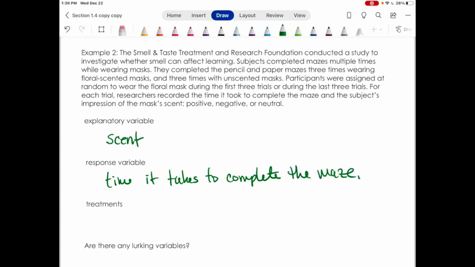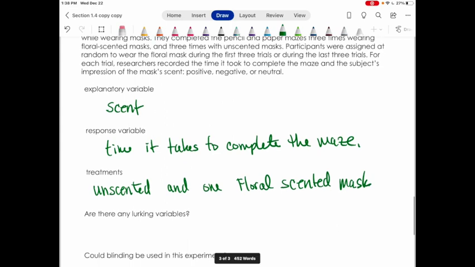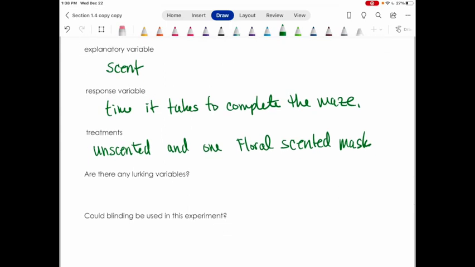Now, the treatments that were applied was the masks. You had one that was unscented and one floral scented mask. So let's see, are there any lurking variables?